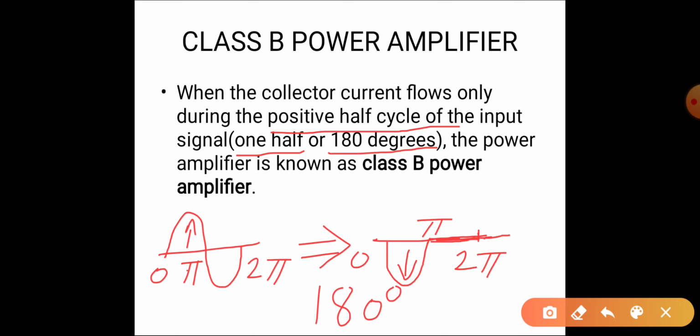So, this is your class B power amplifier. The efficiency of a class B power amplifier is more than a class A amplifier. What efficiency is exactly, we will see in the next lectures. Just remember, for a class B power amplifier, the conduction angle is 180 degrees, or the collector current will flow only for 1/2 cycle of the input signal.